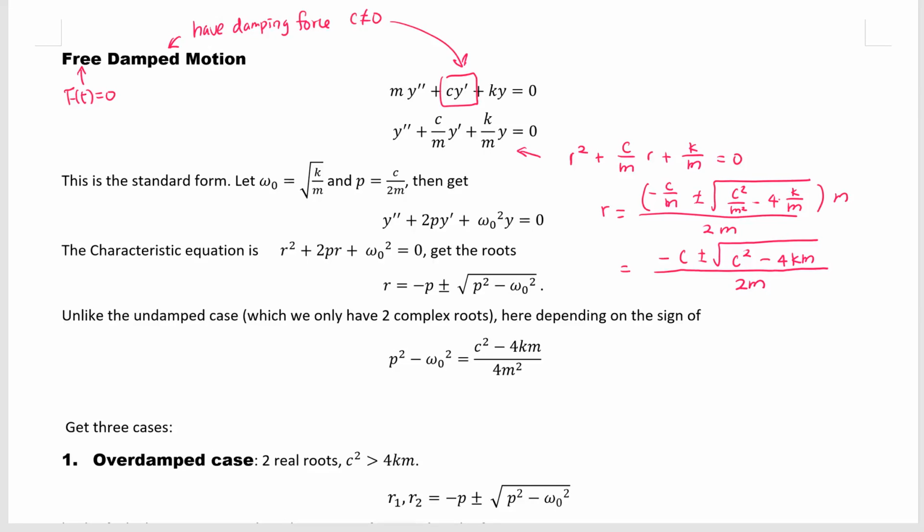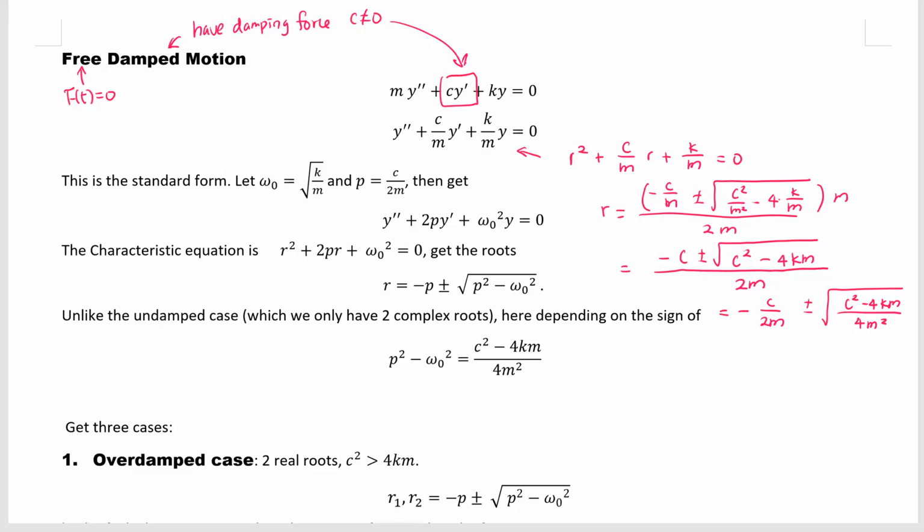So that's why if people make the change of variable, if they let p be c over 2m, they can split it. When I split it, I get c over 2m, and then plus or minus, when we move everything into the square root, the square root of c squared minus 4km over 4m squared.